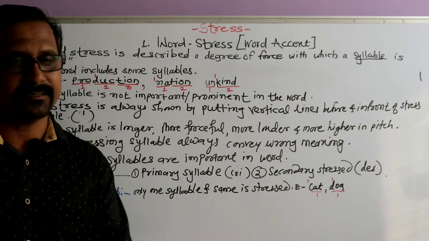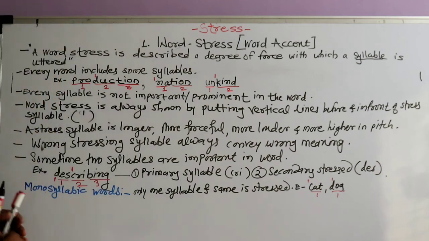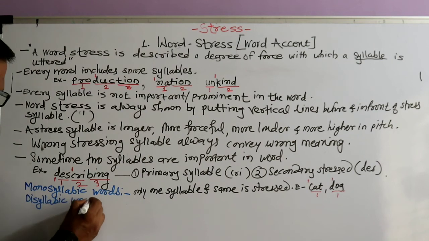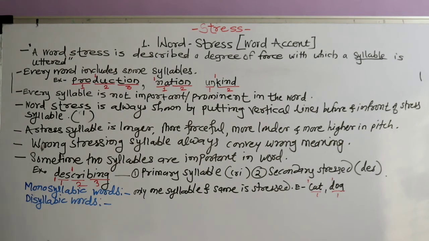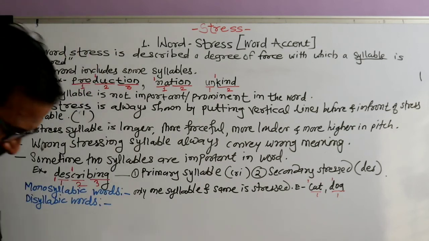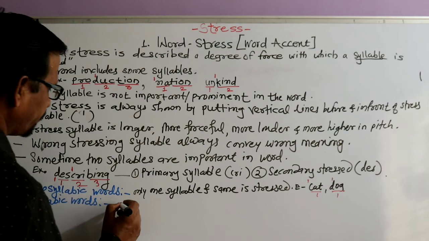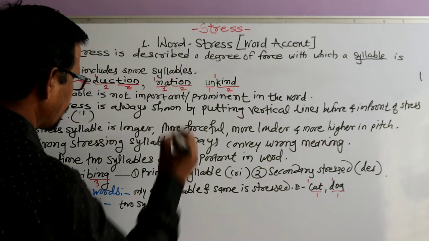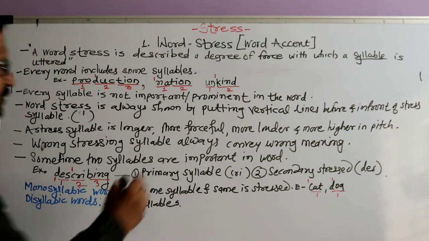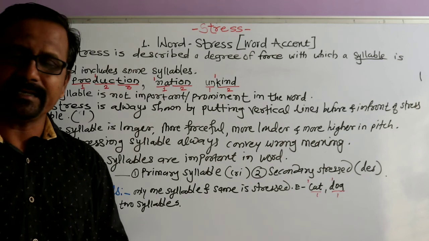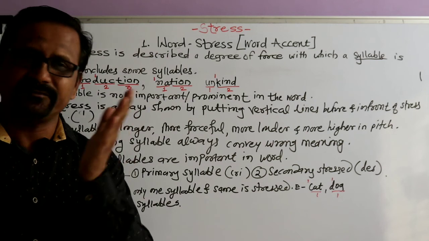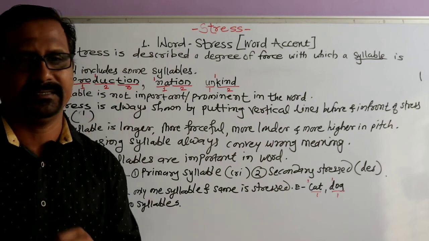The second is the disyllabic word. Disyllabic words are words which have only 2 syllables. Sometimes the first syllable is stressed, sometimes the second syllable is stressed.